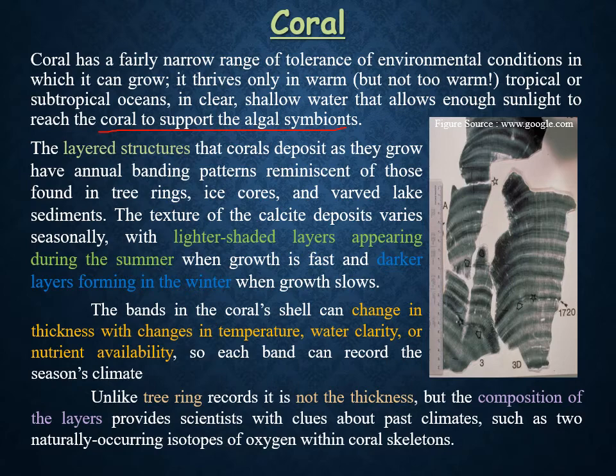You can see clearly some bands are light colored and some bands are dark colored in this picture. So these kinds of layered structures are also found in the corals, which represent the formation of calcium carbonate skeletons during different seasons. So they indicate seasonal variations which are reflected in the density variation of calcium carbonate.